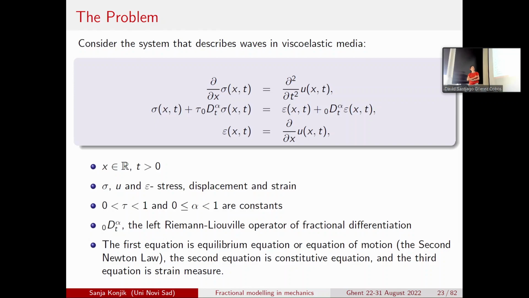Later on, we generalized it to an arbitrary linear combination of fractional derivatives, the so-called linear fractional model. And going a step further, taking into account all possible fractional derivatives of order between 0 and 1, we arrived at a distributed order model. So instead of Riemann-Liouville, we use the distributed order derivative.